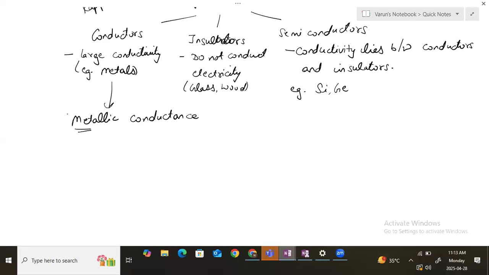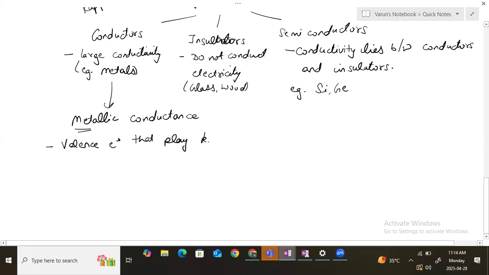In the first and second group, there are only 1 and 2 electrons in the valence shell, and they are very free to move because there are fewer electrons in the valence shell. So in metallic conductance, it's the valence electrons that play the key role.